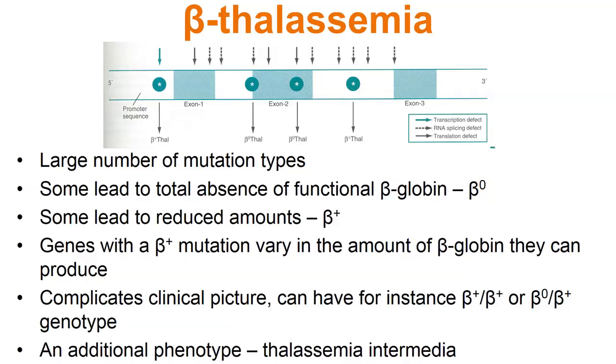So you can get different amounts of normal synthesis, and that creates this wide spectrum of how beta thalassemia presents. The simplest model is minor and major. In reality, there's a whole spectrum, and there's an additional phenotype called beta thalassemia intermedia, somewhere between minor and major. I'm going to define those for you right now.